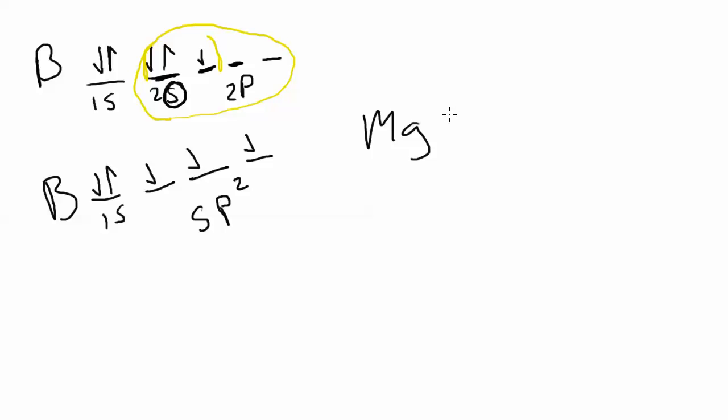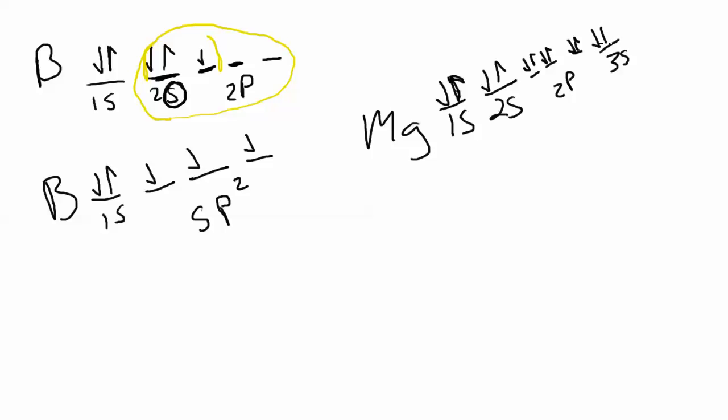So we have 1s with 2 in there, then 2s with 2 in there, and then 2p, and that's full. And then it's got 3s, and 3s is full, and its p orbital is empty. There's nothing in its p orbital.